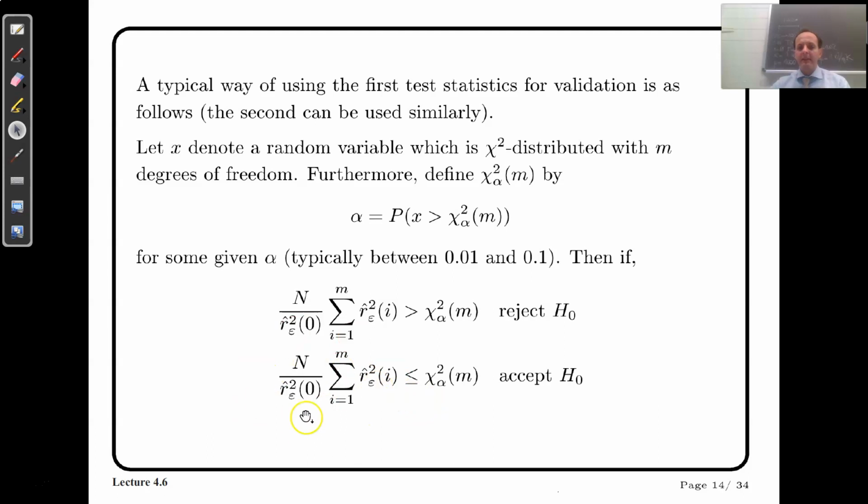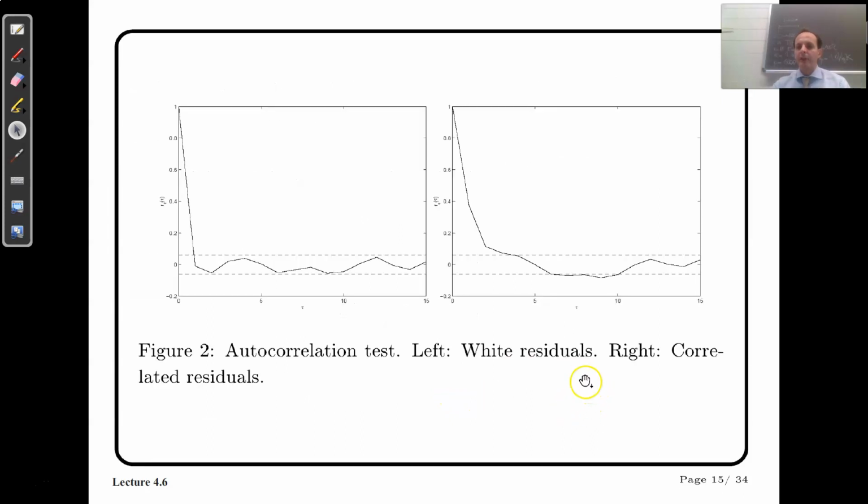On the other hand, when this variable is lower than the chi-square value, we can accept our hypothesis.